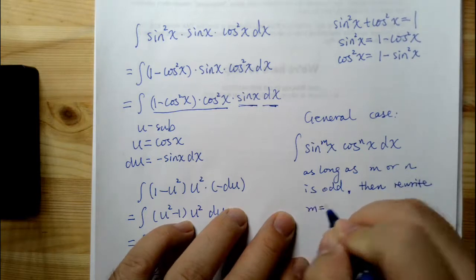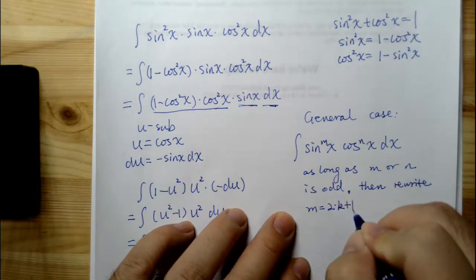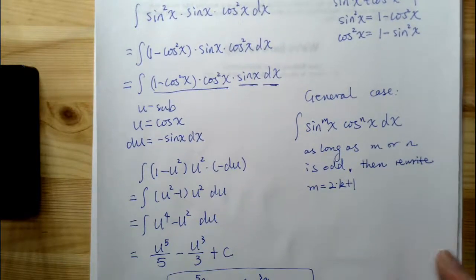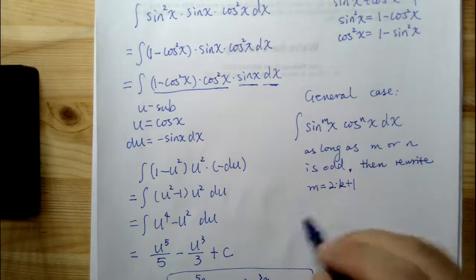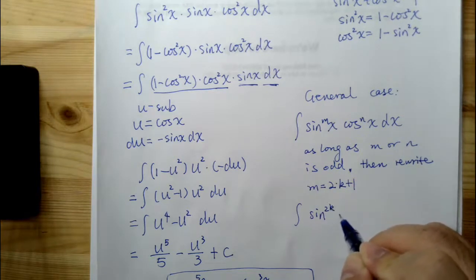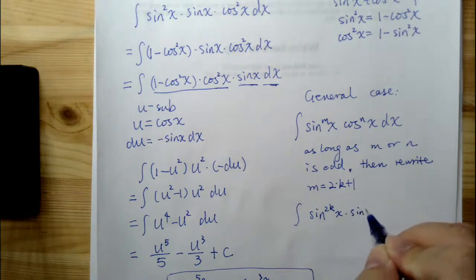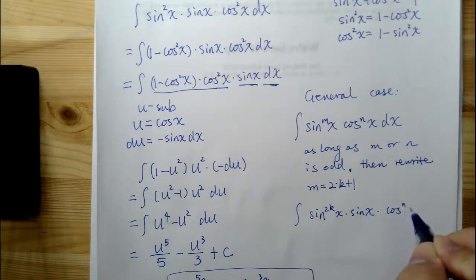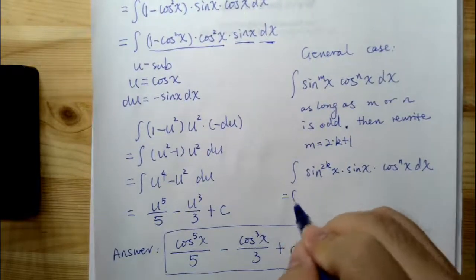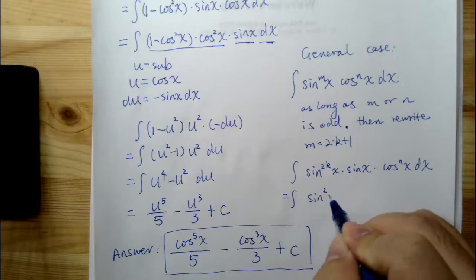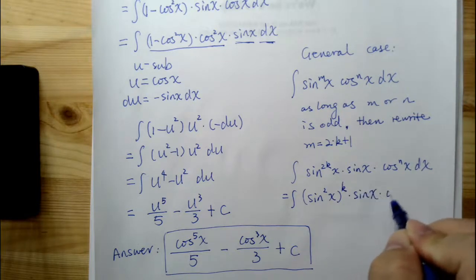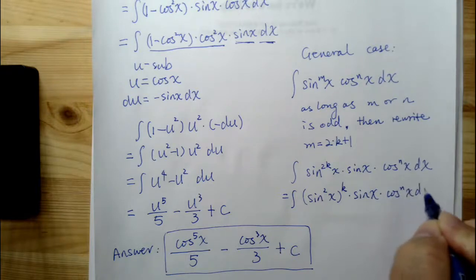Rewrite m equals 2 times k plus 1, where k is a positive integer. Then you can rewrite your integral into sine to the power 2k x times sine x times cosine to the power n x dx, and then you can write this as sine squared raised to the power of k times sine x times cosine to the power n dx.